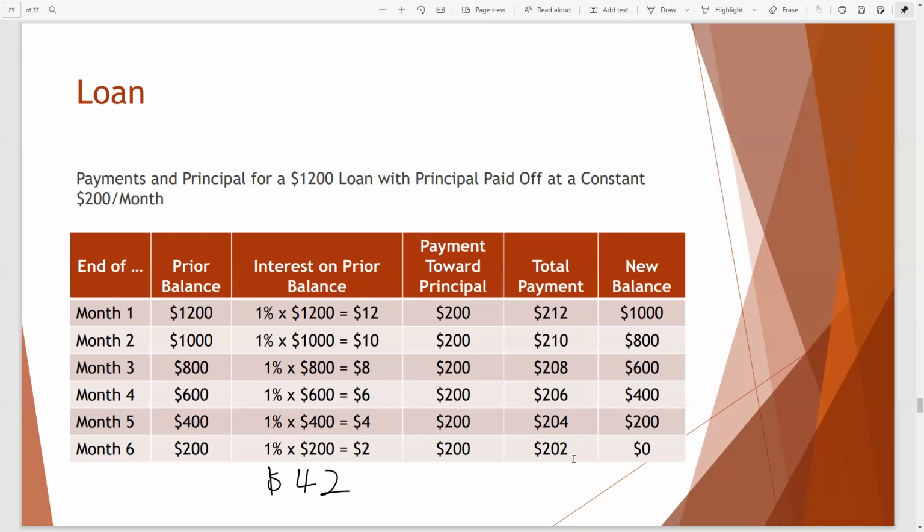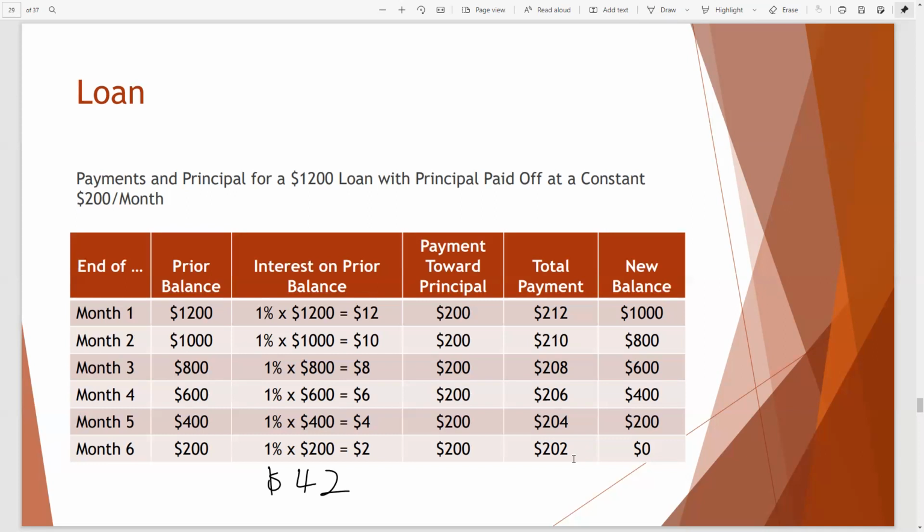So we should have a formula that pays a fixed total payment, where a certain portion goes to principal and other portions go to interest, and at the end of a certain number of payments, you will have paid off the principal.